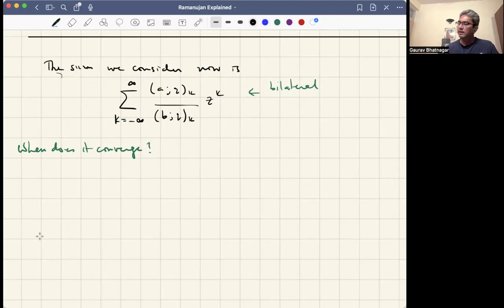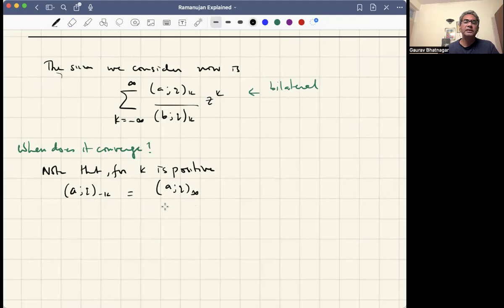Okay. So note that, first of all, for k negative, say k is positive, but we consider (a; q)_{-k}. So what does this mean? By definition, it is this.